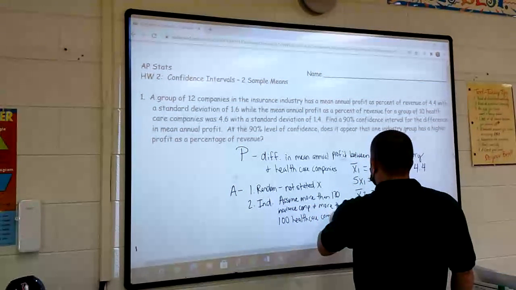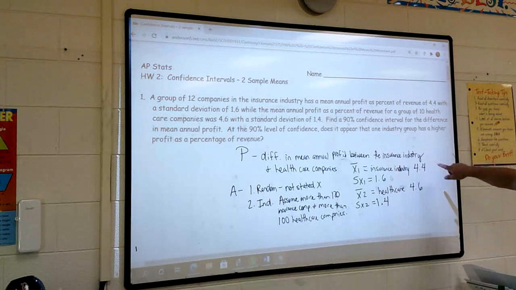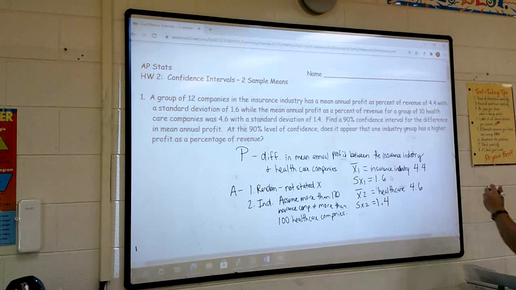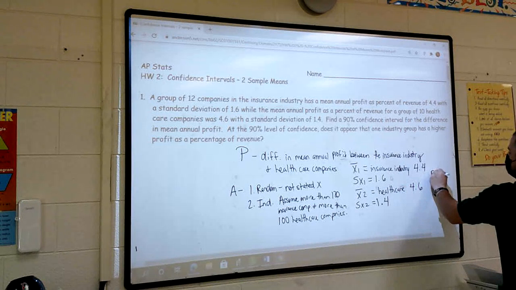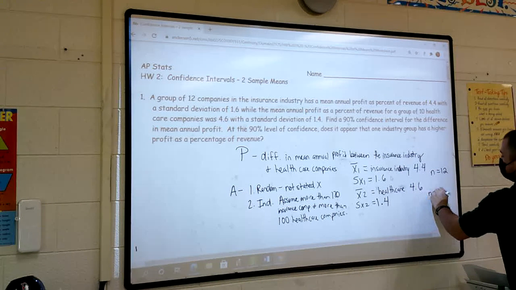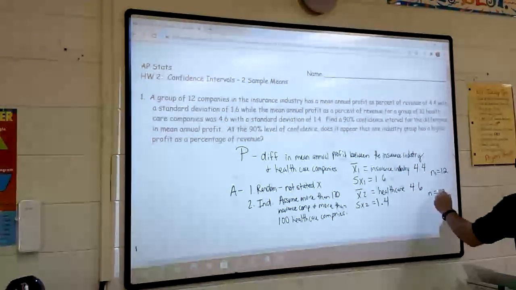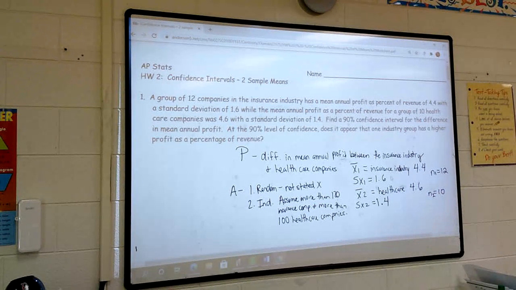And just so you know, in the P, you have x bar and the standard deviation. You can go ahead and put n in there also, because you're going to need n when you plug into the calculator. So n1 is 12, and n2 is 10. The sample size for the second one, the healthcare companies, is 10.